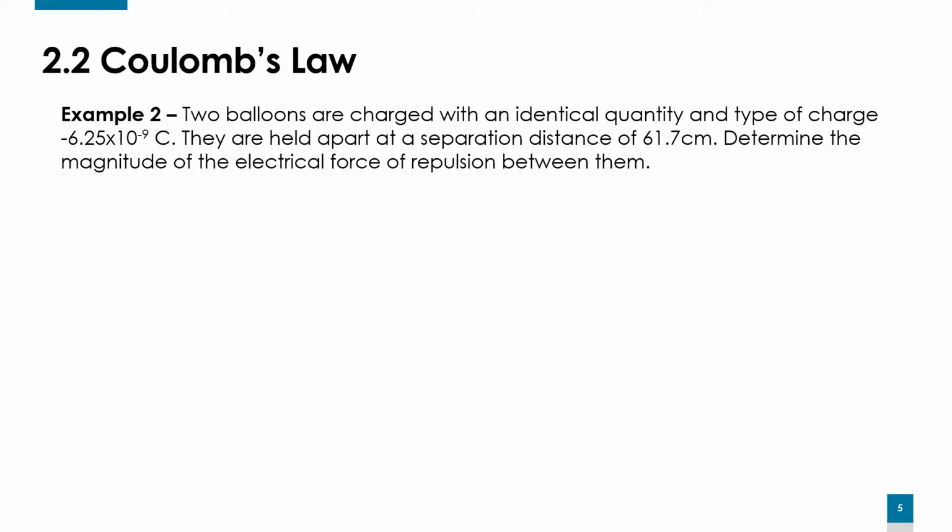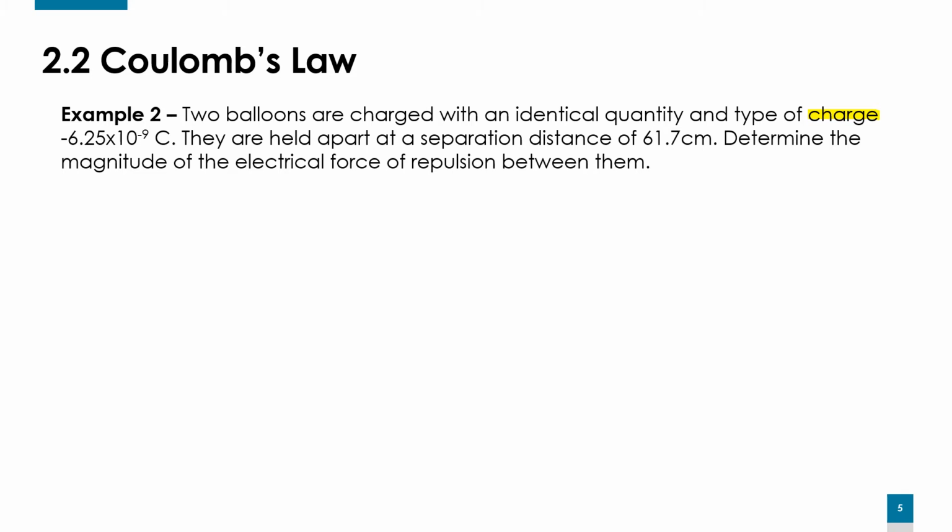Okay, I read one more time just to have an idea of the problem. Now what am I going to do? I'm going to highlight the main variables given. 2 balloons are charged with an identical quantity and type of charge. So what was given here? The charge.